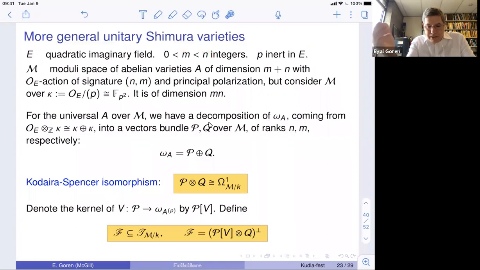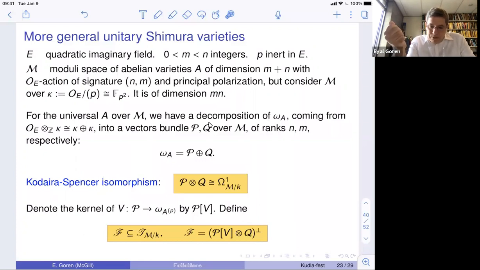When p is inert and m is less than n, there's this deformation theory of Moonen of cascades that suggests that when you're looking at the deformation of those mu-ordinary abelian varieties, there are preferred directions. The deformation space has a particular structure that picks up preferred directions.